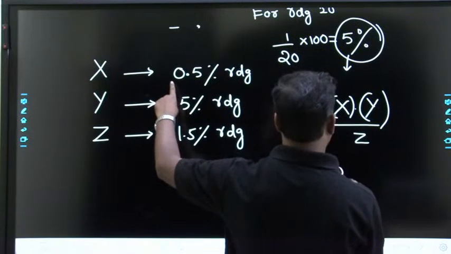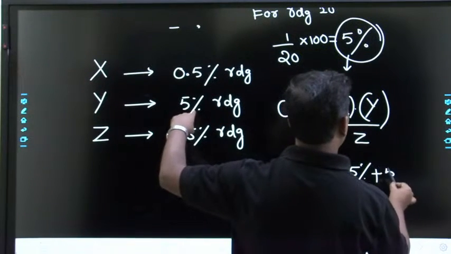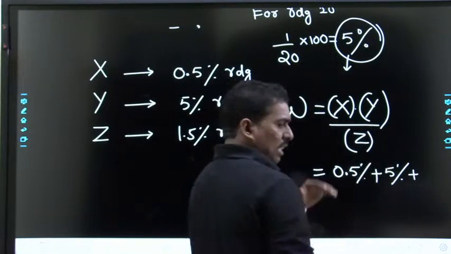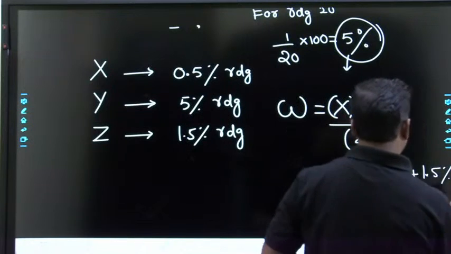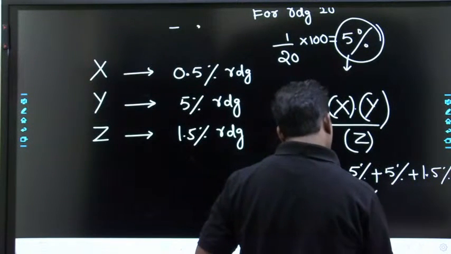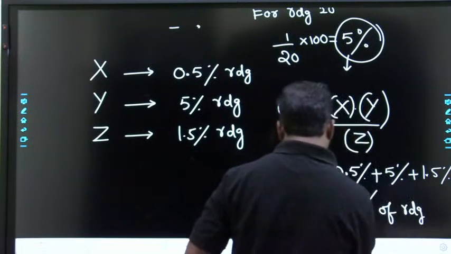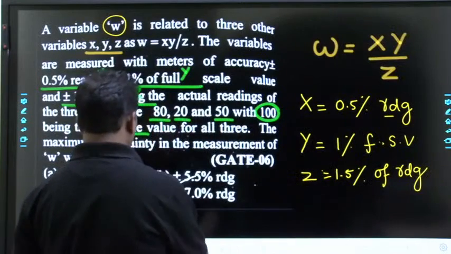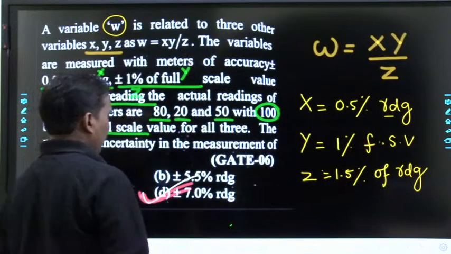So 0.5% plus 5% plus, divided by z, it is an individual percentage error, its percentage will also be added, 1.5%. So the answer will be 7% of reading. In W, we will have an error of 7% of reading. That is the correct answer. Option D is the correct answer. 7%.